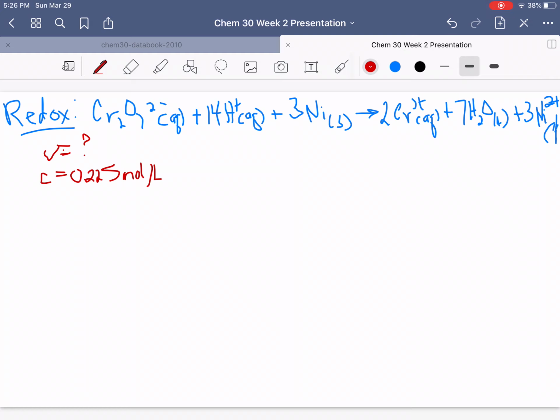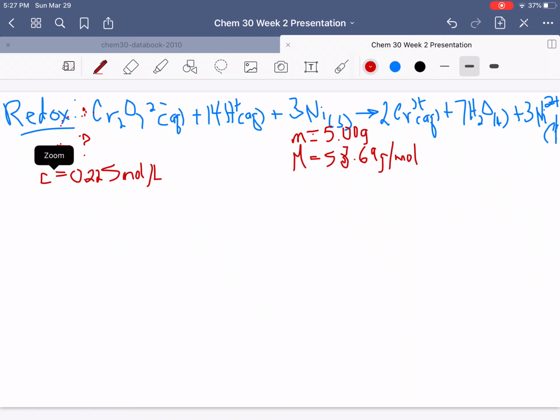Okay, skip over to nickel because we have some information about that too. We were told originally that the mass of nickel is equal to 5.00 grams. Now here we actually have enough information to get our number of moles because molar mass is something that's available, of course, on your periodic table. Molar mass of nickel is 58.69 grams per mole.